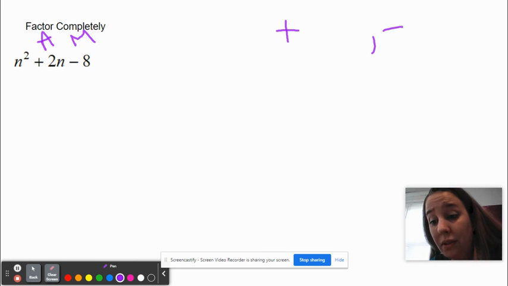So we need one positive number and one negative number that is going to end up adding to positive 2. And since it's positive 2, your bigger number is going to want to be the positive one, right? Because like I always talk about money, if you want to walk away with money left over after we settle up, you would need to have more positives than negatives.